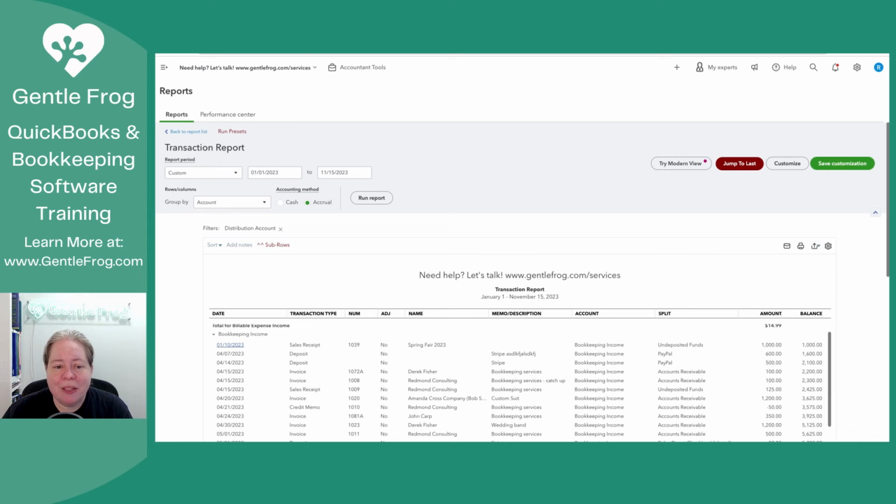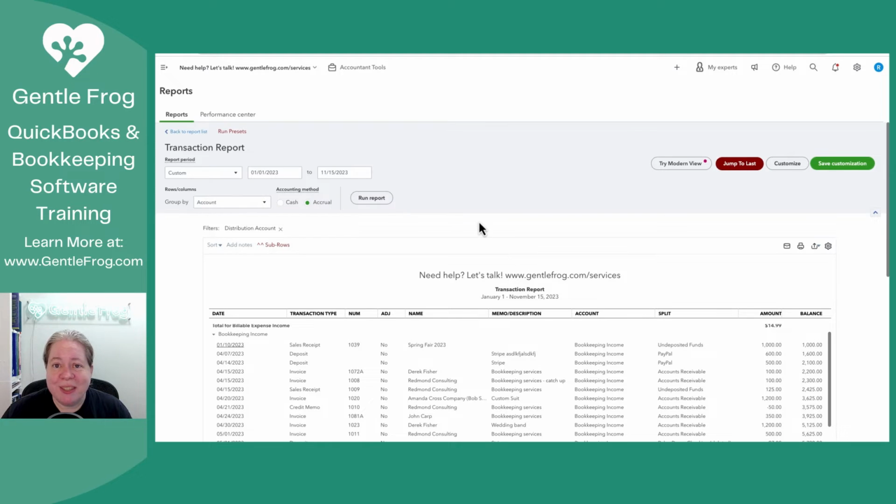Let me go back to the report we were looking at when we started the conversation. So I showed you that bookkeeping income went up, so it got credited, and the split is undeposited funds, so that got debited. This report that talks about the income, it is a snapshot in time that says, at the moment the income was recorded, what are the debits and credits behind the scenes?